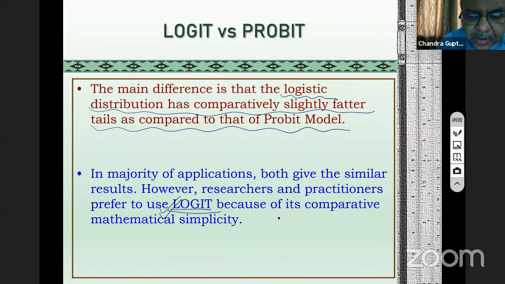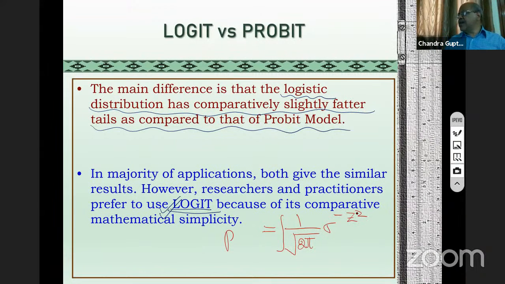See, if you remember, the formula to get the probability was the integration of 1 over root 2 pi e to the power minus z square. Dealing with integration is a difficult job, and logit doesn't have that kind of complexity. Logit says P is equal to 1 over 1 plus e to the power alpha plus beta x plus error.